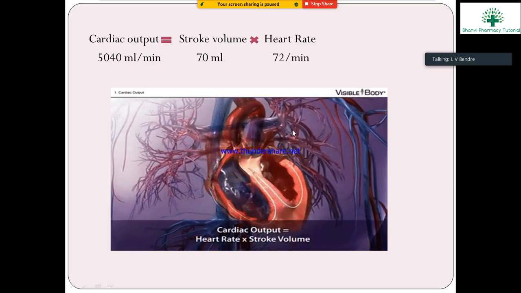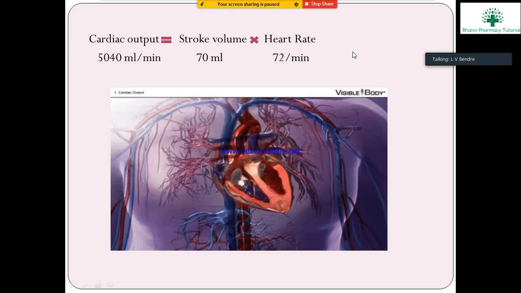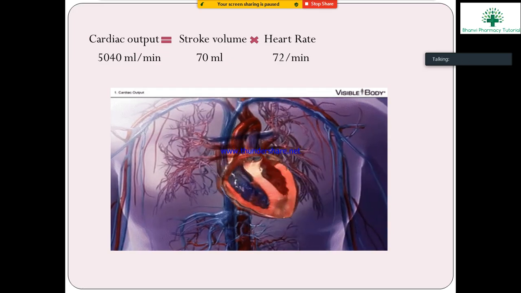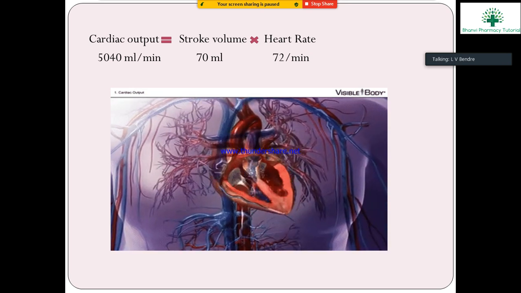The stroke volume is 70 ml and the heart rate is as usual 72 per minute. You see the animated diagram, that is the cardiac output.